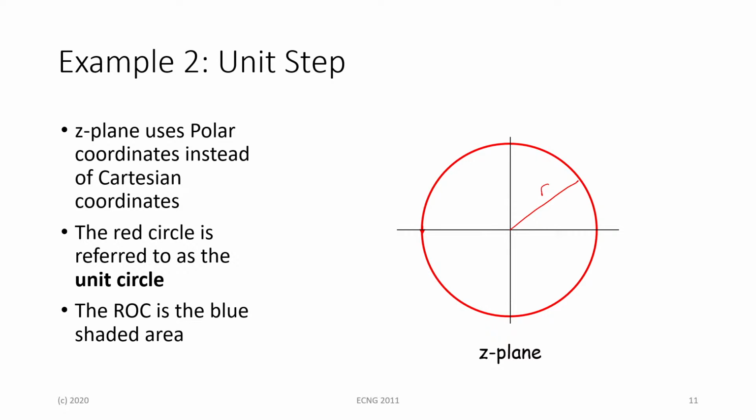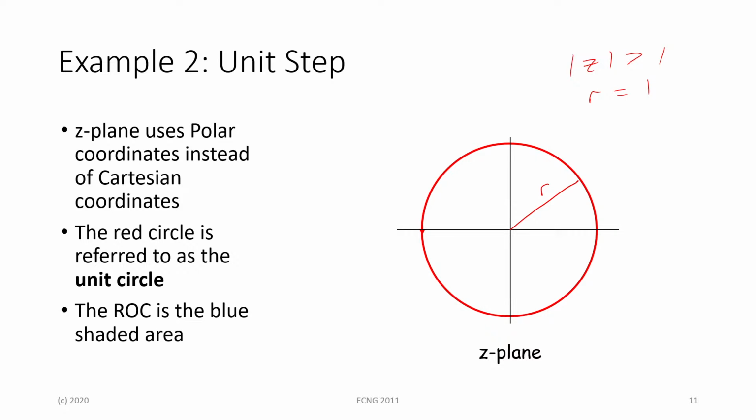So with modulus of z here being more than 1, r here is actually 1, representing the radius of this circle. Once you have a radius of 1 and that circle exists, we refer to that circle as our unit circle.